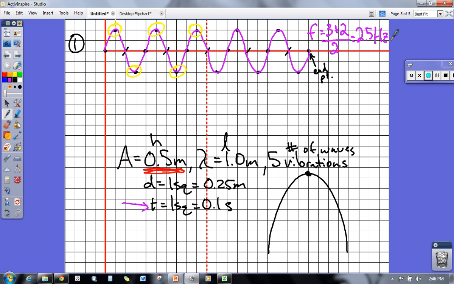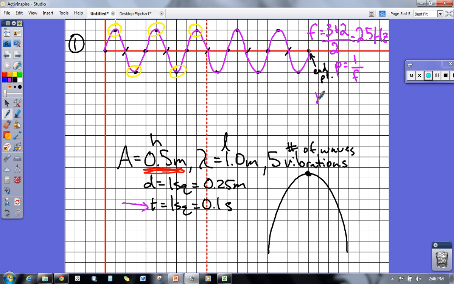Okay, you also need to calculate your period. All right? What was our equation for period? 1 over f. Okay? Do we know f? Yes.